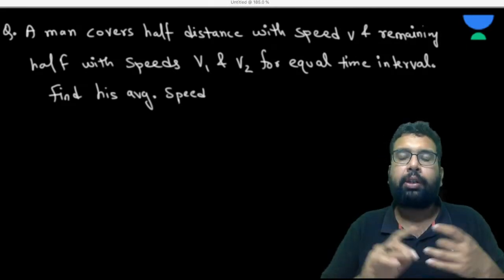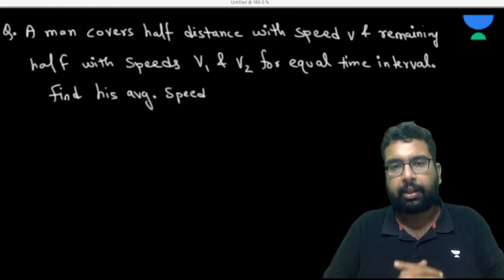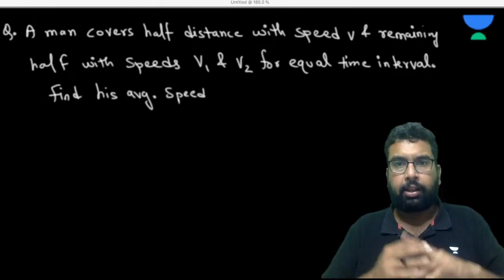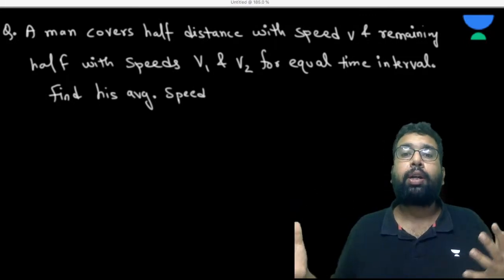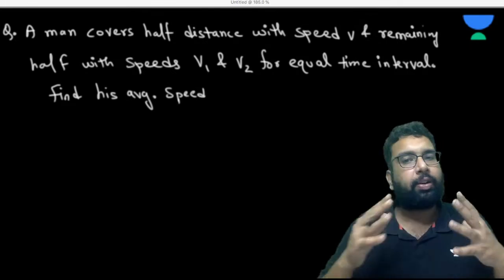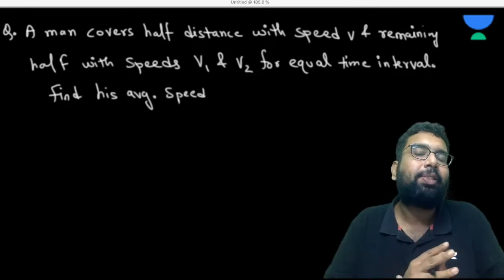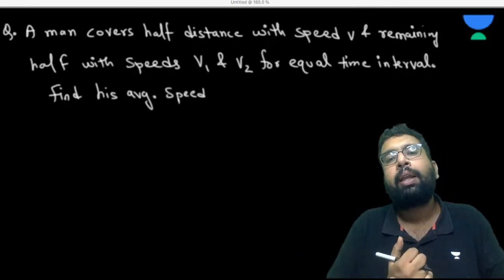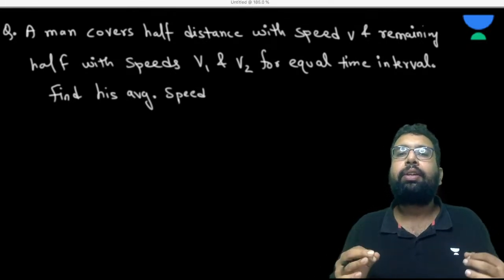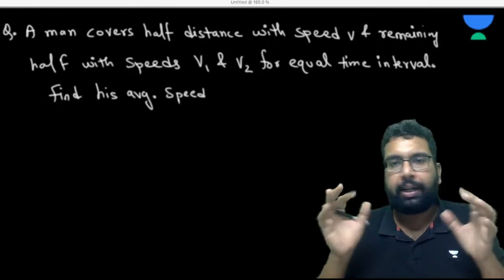Units and measurement is completed on this channel, and now I have started with kinematics. This is the second session of kinematics. In the first session, I gave an introduction: what kinematics is, how it is different from dynamics, what variables are involved, and how distance is different from displacement. In this session, I am talking about speed and velocity.